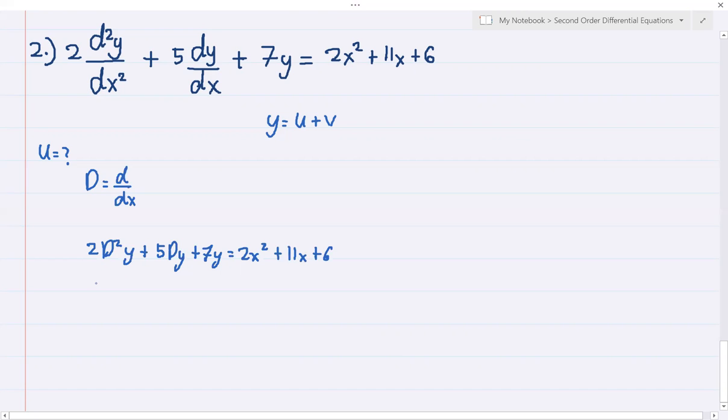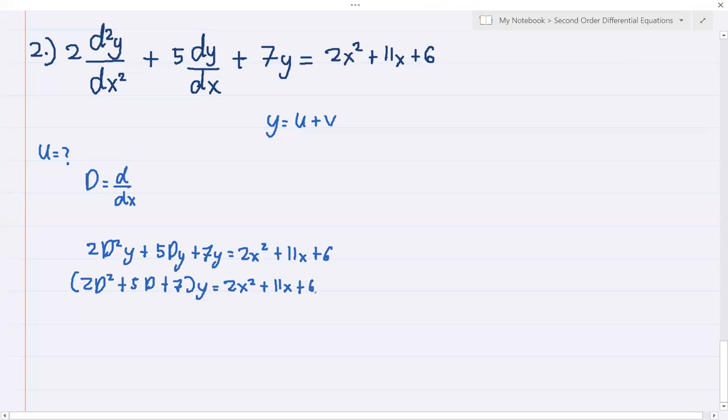Then what we're going to do is factor out your y in this expression. So we will have the quantity 2D squared plus 5D plus 7 times y is equal to 2x squared plus 11x plus 6.